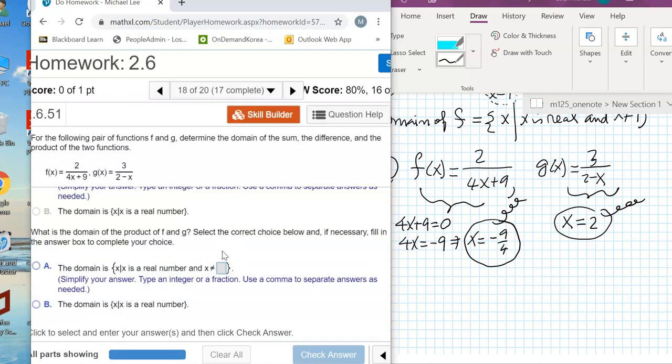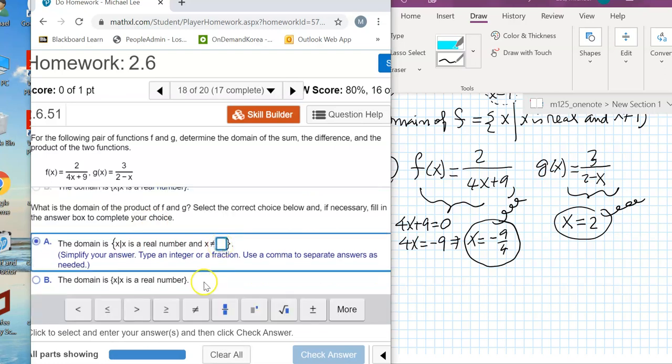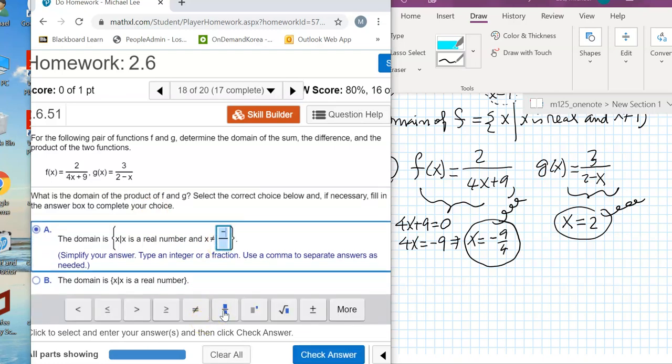And then what is the domain of the product? Same thing. X not equal to the fraction negative 9 over 4, and then comma, and then 2. Okay.